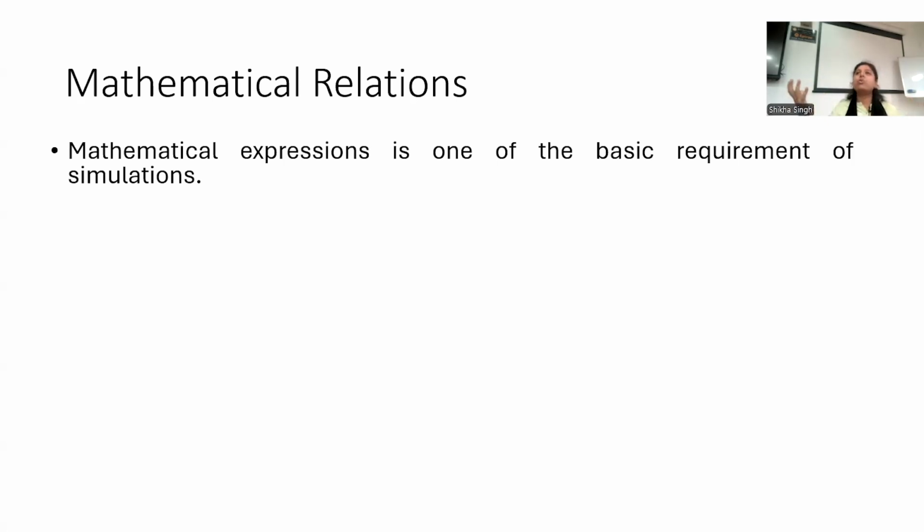If you just write two variables and a plus sign, you will not be able to see any change with respect to time. Those two will be kept constant throughout the simulation process, right? And with time, there will be a horizontal line, no change at all, because you have not related them mathematically.